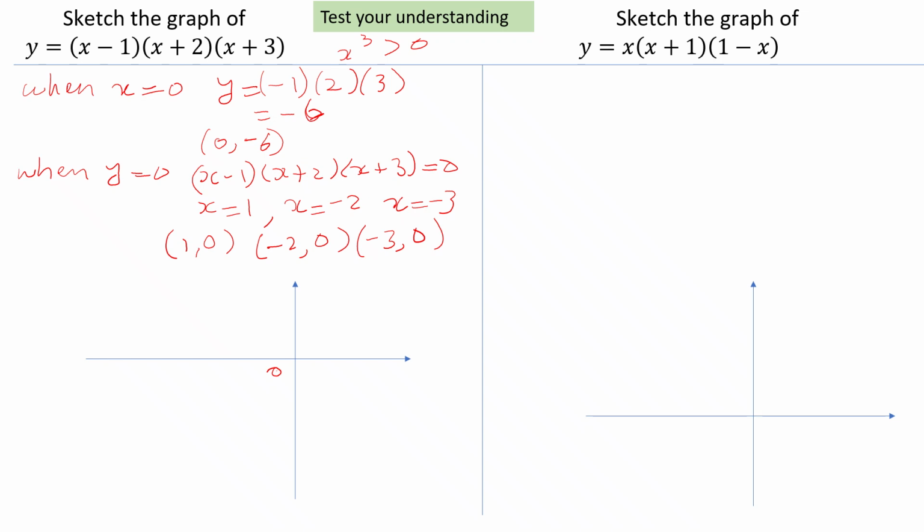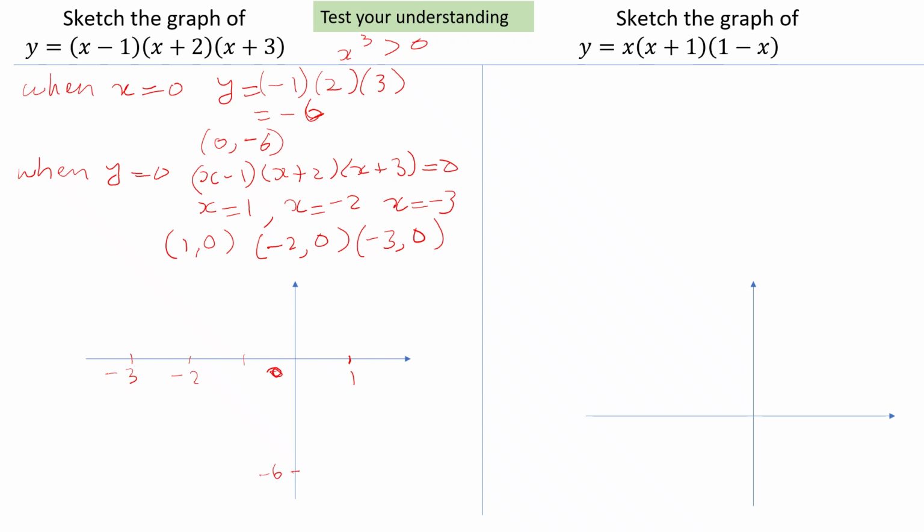This is (0, -6), here -6. This is 1 point. Another one, (1, 0), this is 1, and (-3, 0), (-2, 0).